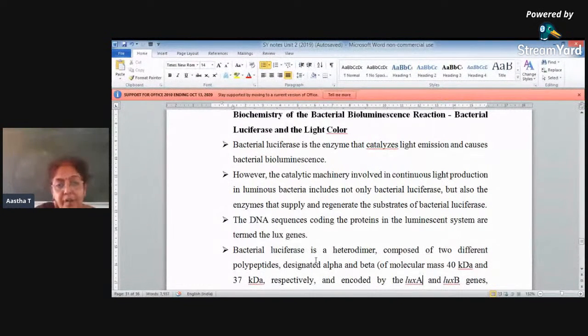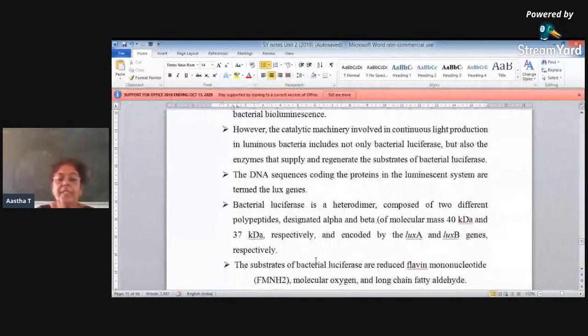The catalytic machinery involved in bioluminescence is bacterial luciferase, an enzyme with two subunits, an alpha subunit and a beta subunit, having molecular masses of 40 and 37 kilodaltons respectively. These two subunits are synthesized from two genes, the LuxA gene and the LuxB gene. Because of the presence of Lux genes, these bacteria can show the property of luminescence.